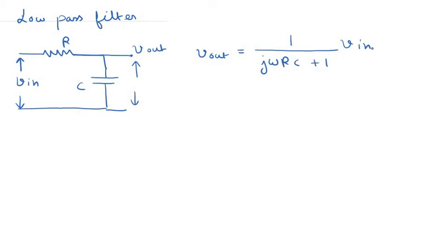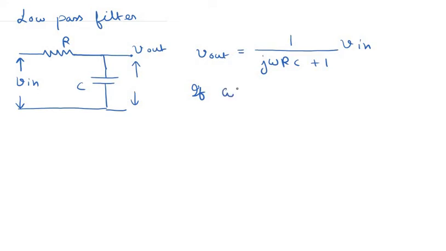Okay, now under the condition that this j omega RC is actually much greater than 1. Of course j omega RC is actually an imaginary quantity, so we'll go with its magnitude.